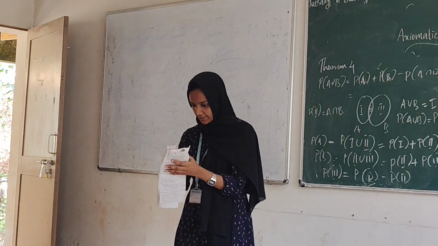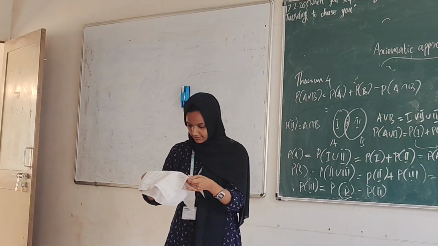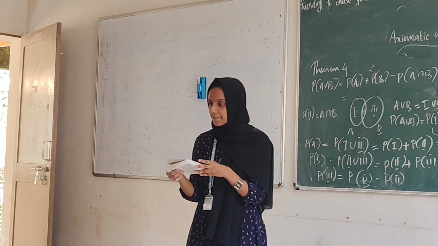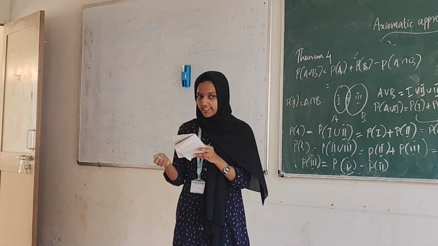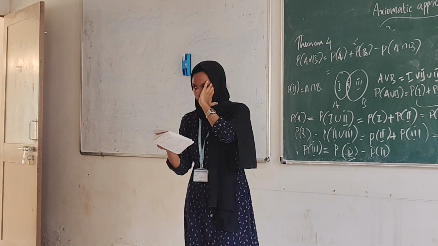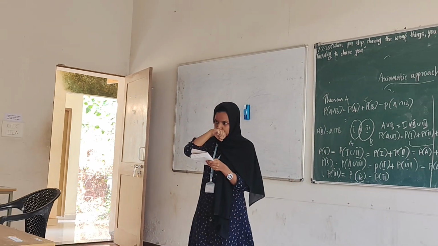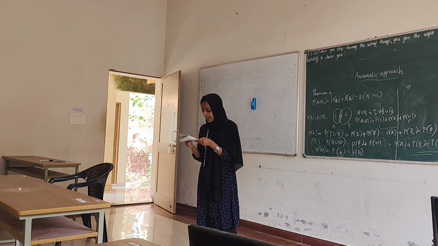Next we will move to a problem. Let's say we have an urn, meaning a container, with 5 red balls and 3 black balls. We want to draw a ball from this bag.